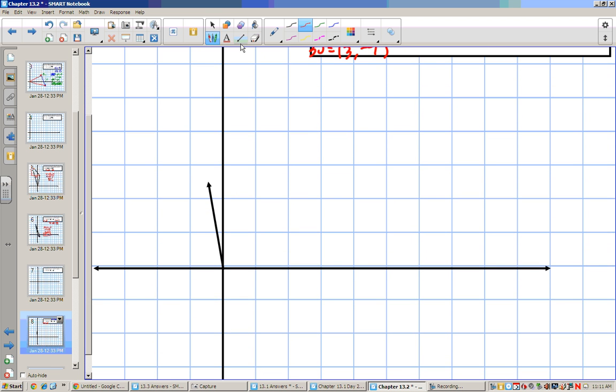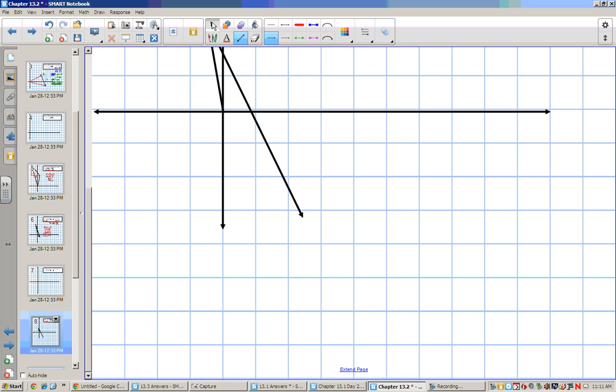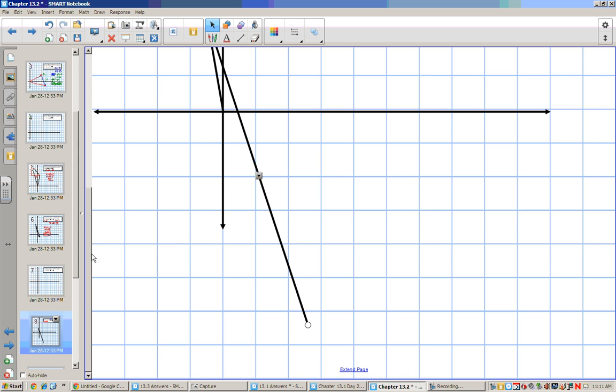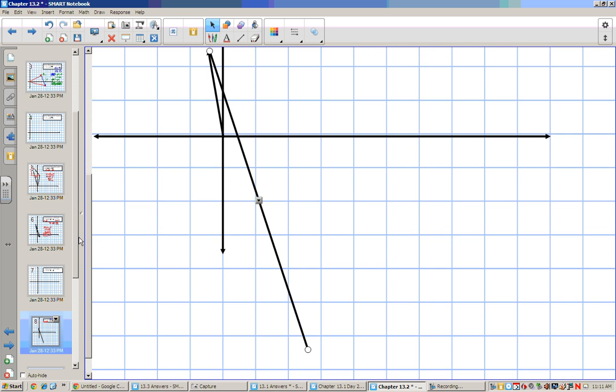So on this end, I'm going to go 3 to the right, 1, 2, 3, and down 9: 1, 2, 3, 4, 5, 6. Still have 3 more to go: 7, 8, 9. All right, so now my new vector is going to be from the beginning to the end. So this right here is the vector that I want, the 0.5u plus 3v.